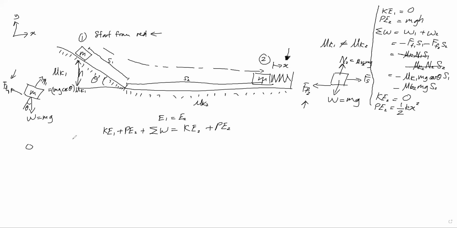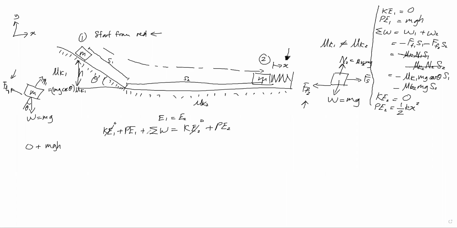Now you can supply all this information and put it in this formula. KE1 is equal to 0, right? This one is also equal to 0. So 0 plus PE1, sorry, I made a small mistake there. PE1 is equal to mgh.